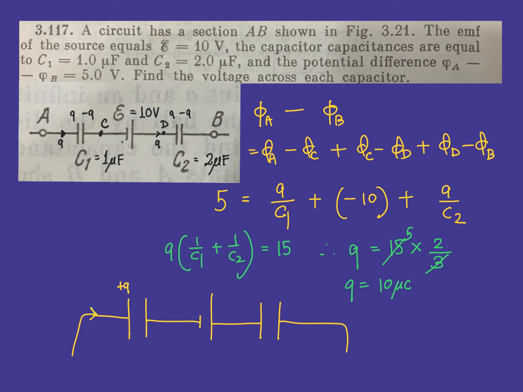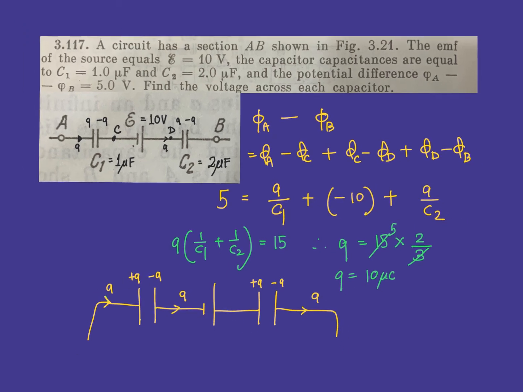So there comes plus Q, and there goes plus Q. Again Q escapes, again plus Q sits here, and there is minus Q. Again Q escapes. So Q is equal to 10.